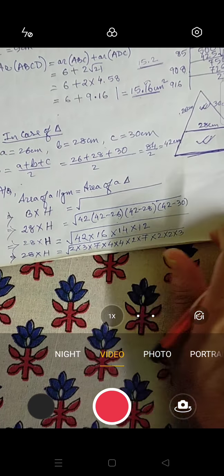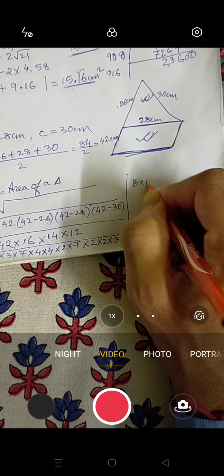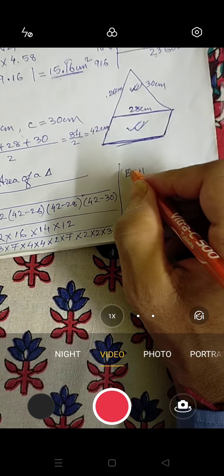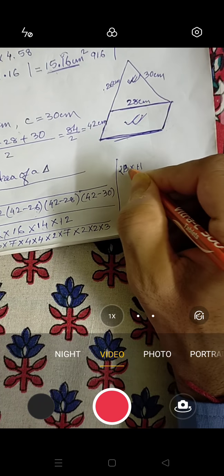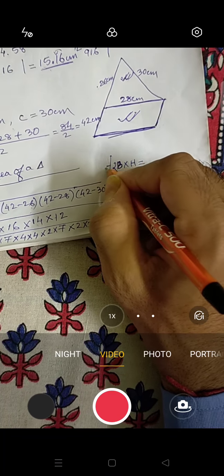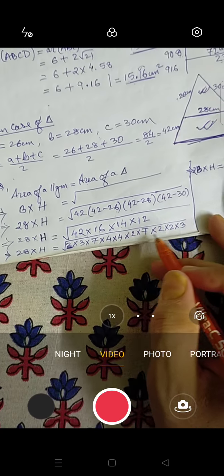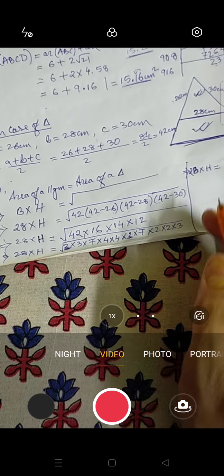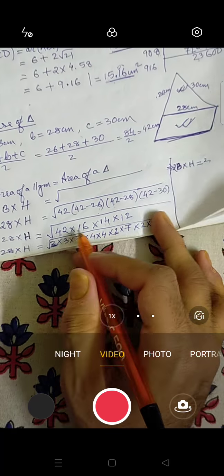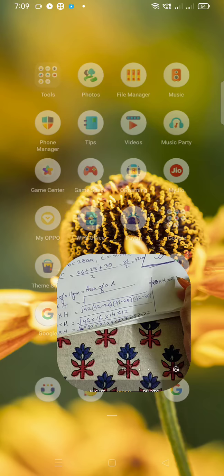Now I am writing it over here. So B into H, sorry, B is 28, so 28 into H equals. Now you can see this 2 and this 2 are common, so I am taking out 2. This 3 and this 3 are common, so I am writing 3 again.